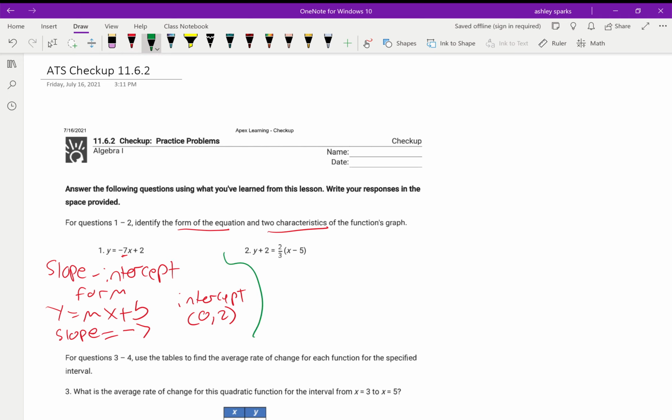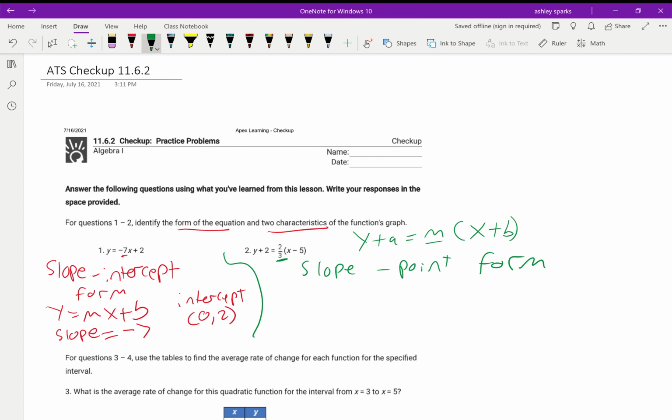This next one, we didn't really end up going over this a lot, but this is your slope point form. Again, this is a pretty easy form. So the slope point form, you have your point, right? What these generally look like is y plus a equal to your slope, so still m, and then x plus b.